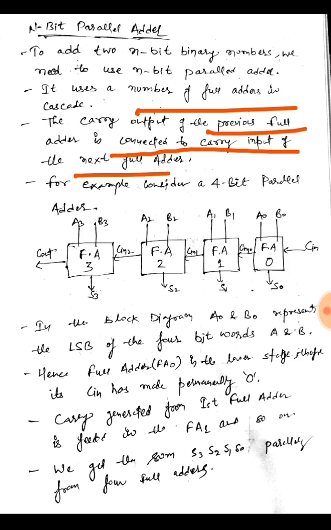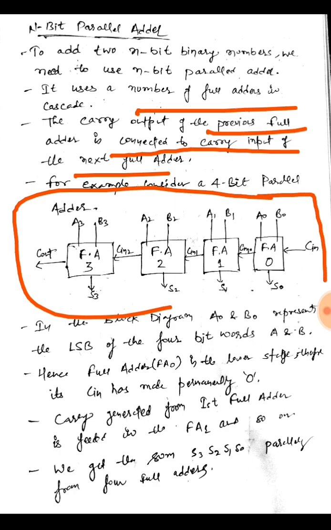next full adder. For example, if we have a block diagram of a 4-bit parallel adder, where the 4-bit numbers are A0, A1, A2, A3 and B0, B1, B2, B3.